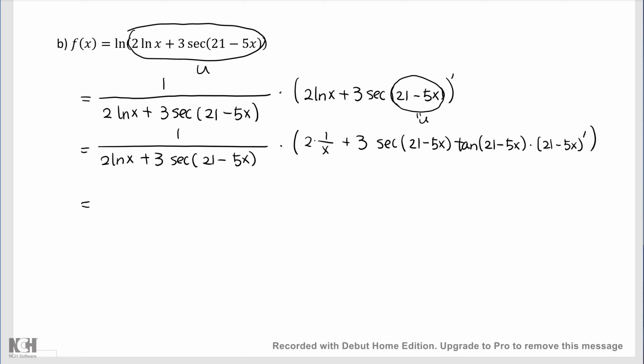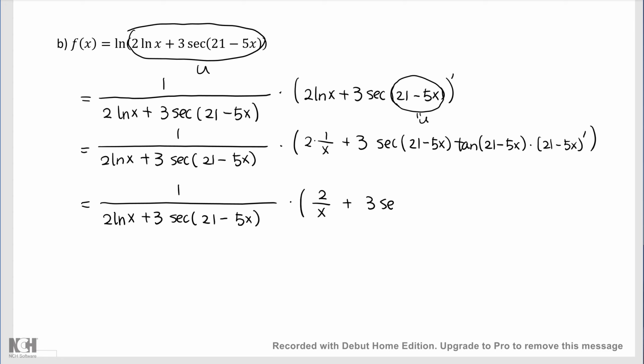Alright, almost done. So 1 over 2 ln of x plus 3 secant of 21 minus 5x times, this is 2 over x, this is 3 secant, so we just copy it down. Oh, actually you realize the derivative of 21 minus 5x: the derivative of 21 is 0 and the derivative of minus 5x is minus 5.